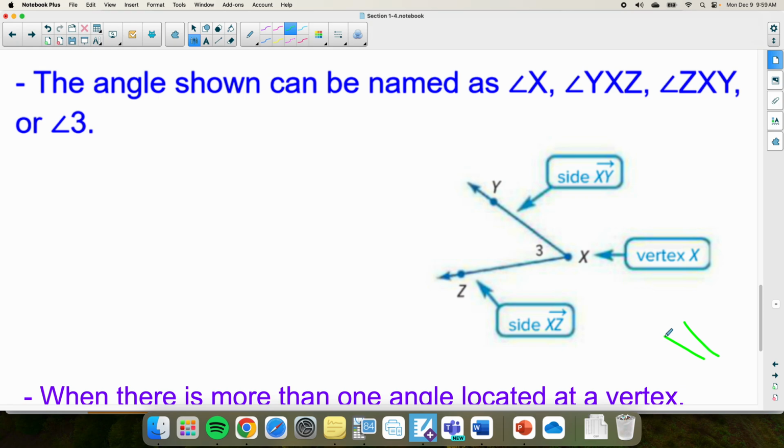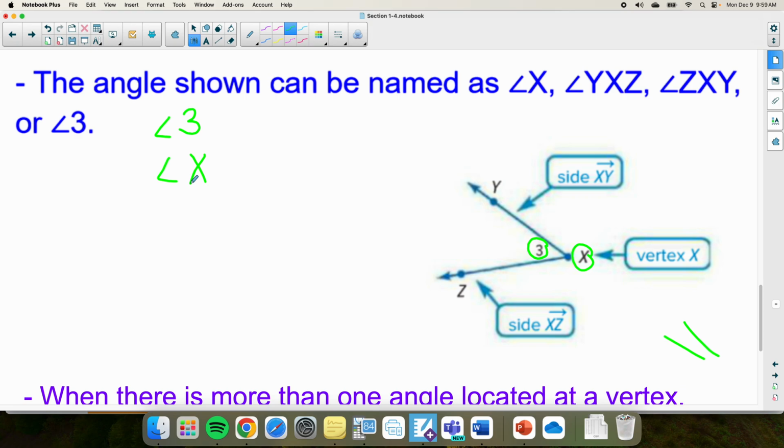Another thing that's really nice with angles is sometimes they'll put a number inside of the angle, and you'll really like that because all you have to do there is name that angle 3, and that's a super easy way to name an angle, okay? Now, if you have a single angle drawn there, you can also just say angle and write the vertex, okay? So just call it angle X.